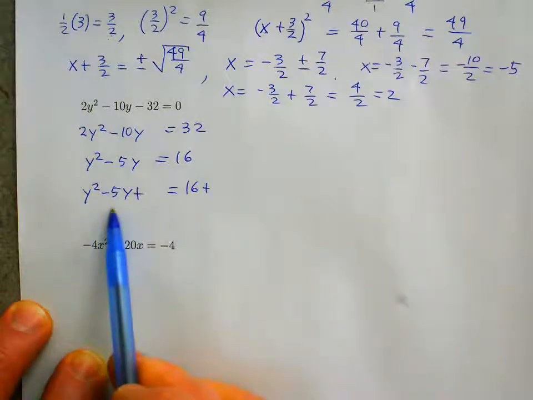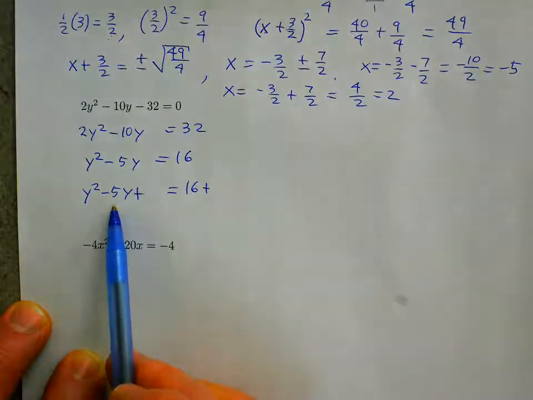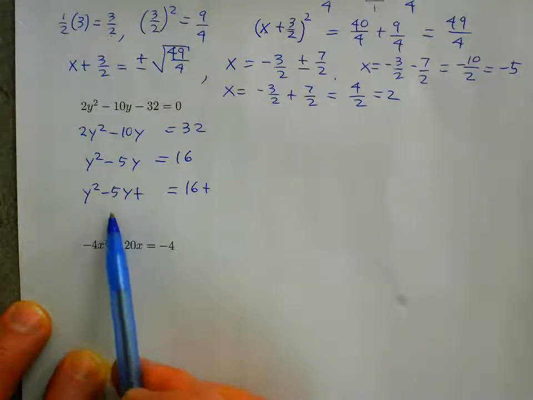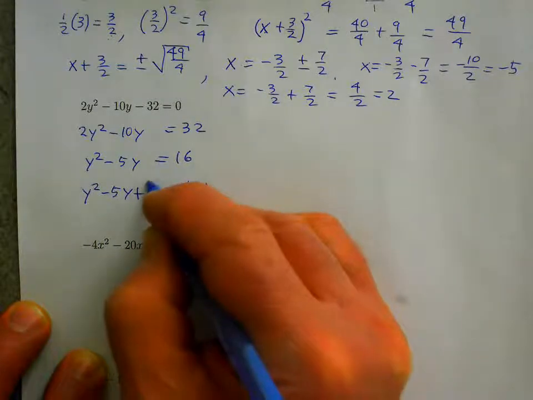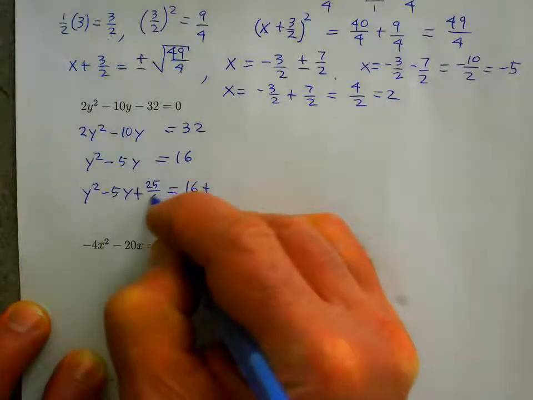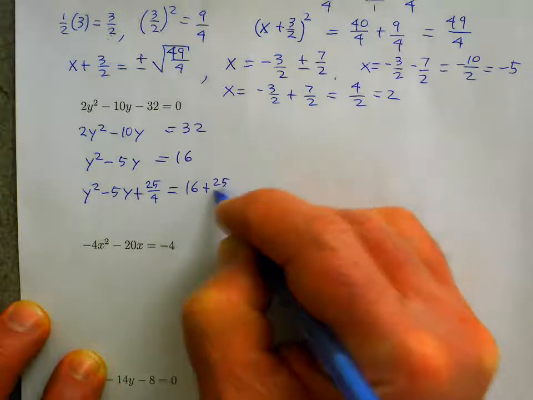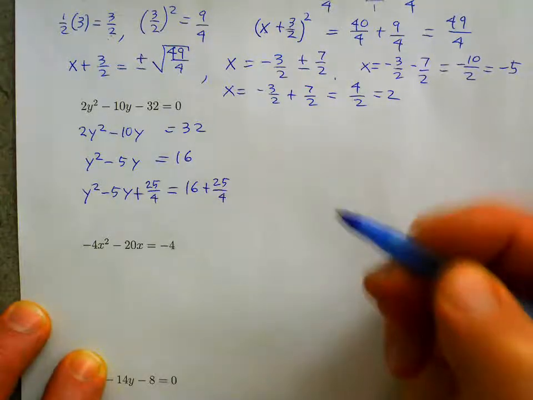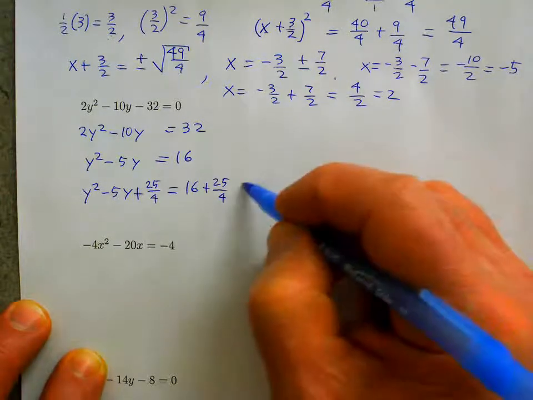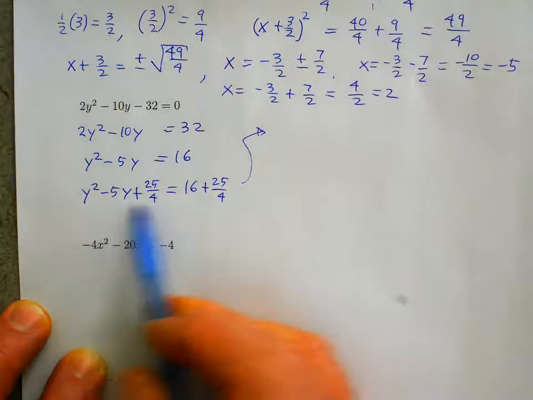So we take 1/2 of negative 5, which is negative 5/2. And when we square negative 5/2, we get 25/4. So we add 25/4 to both sides. And the left-hand side is now a perfect square trinomial.